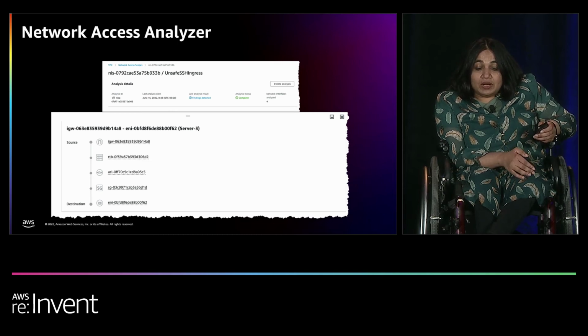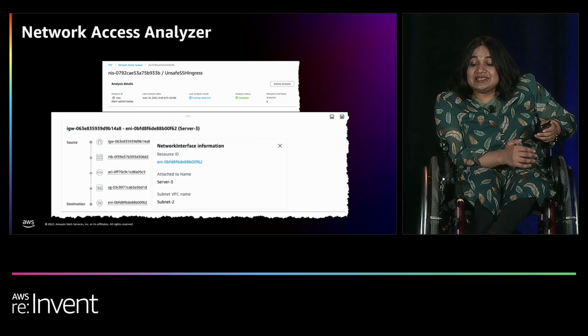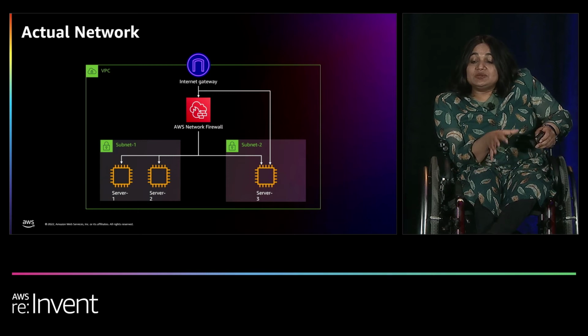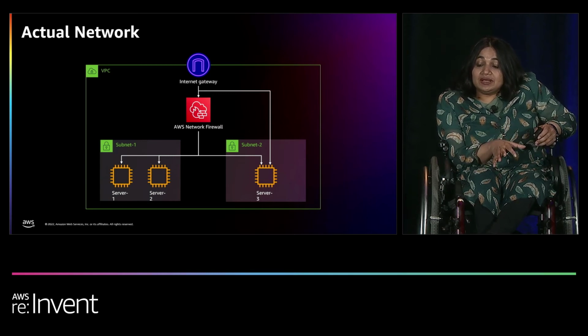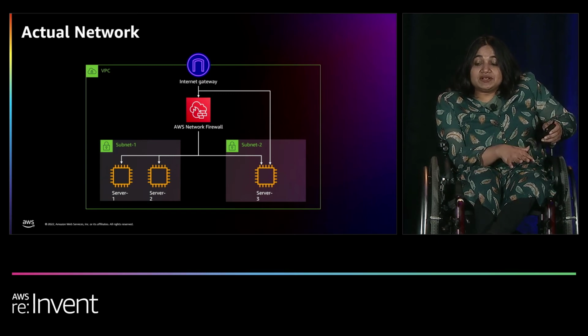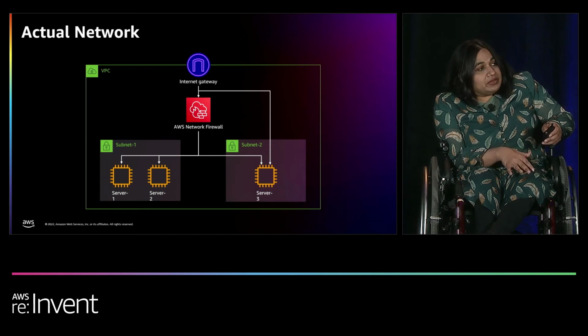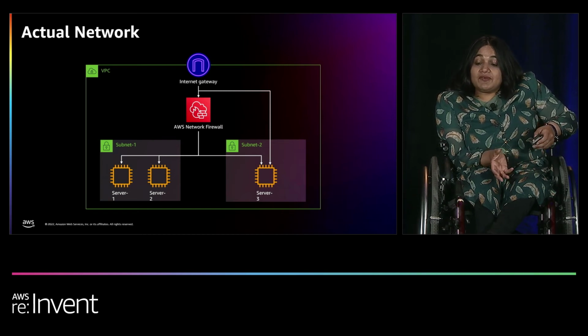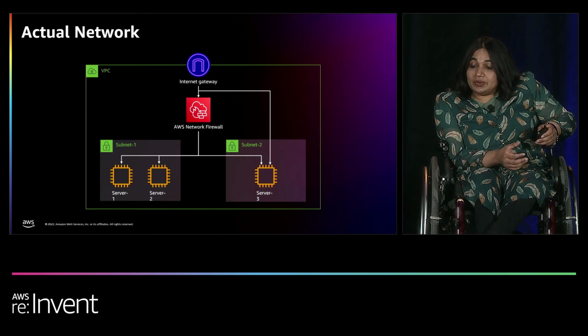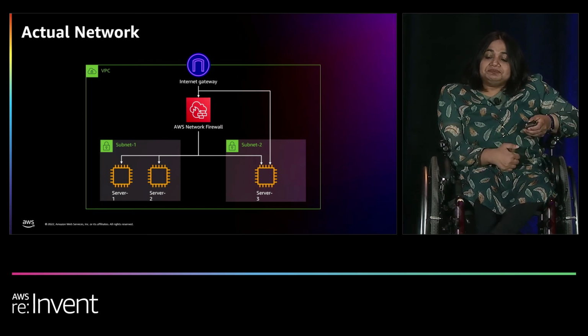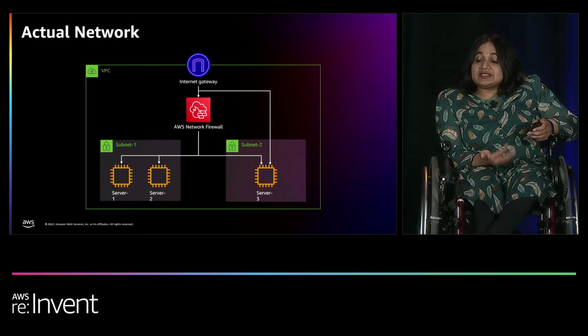Now, if we hover over the network interface, we can see the details of the instance it's connected to. Now, this is what our actual network looked like. The SSH traffic from the internet gateway to server 3 is routed around the firewall instead of through it. So our universal statement doesn't hold.